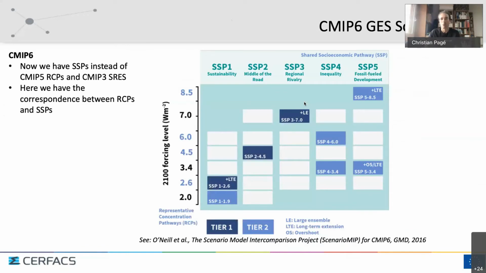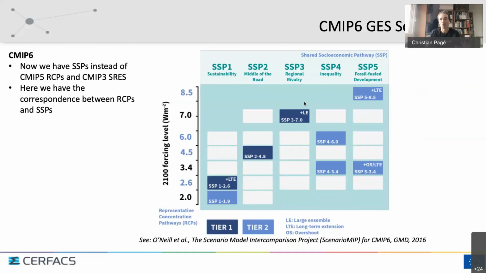So many of you maybe were involved in using CMIP5 or CMIP3 data. We have new greenhouse gas projections that we use to do some experiments. In CMIP3 we called them SRES, in CMIP5 they were called RCP, and now in CMIP6 we have SSP.